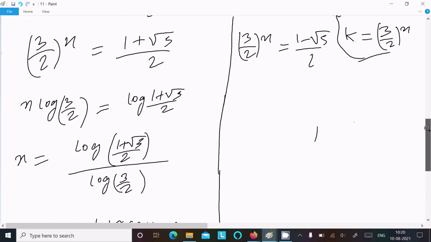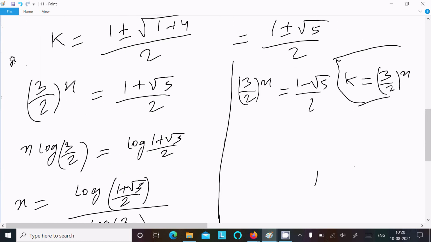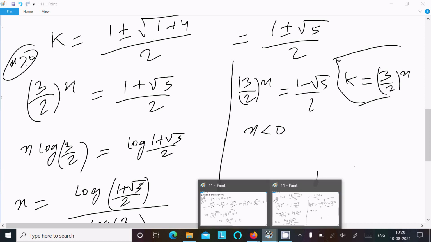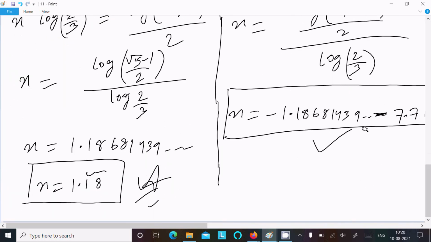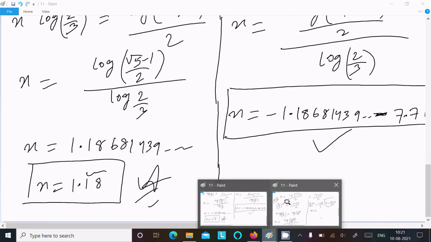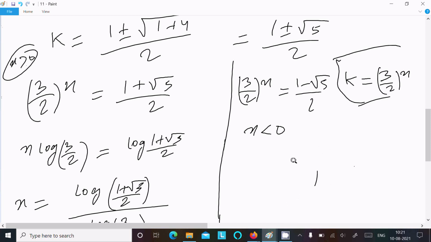So when x is greater than 0, x is real, and when x is less than 0, if you want to calculate the imaginary value, you can also do that. Take the log, and here x, when x is less than 0, then you can get this imaginary value. I'm not going to calculate the imaginary value.